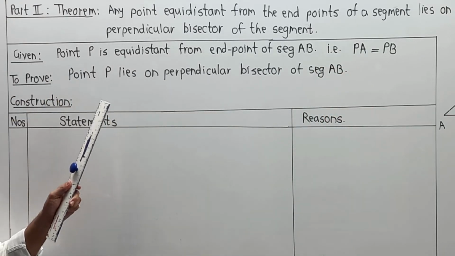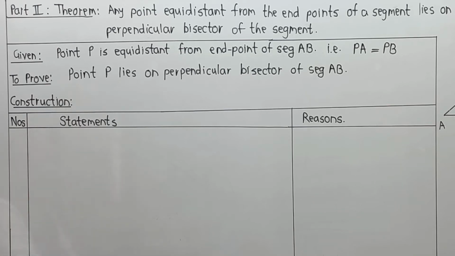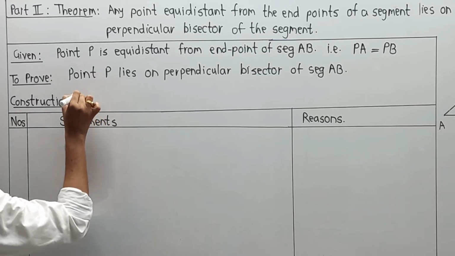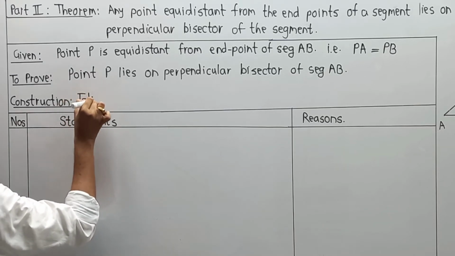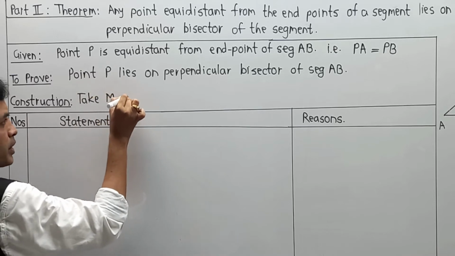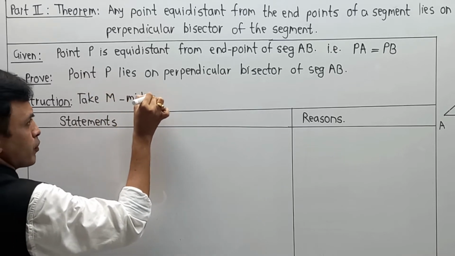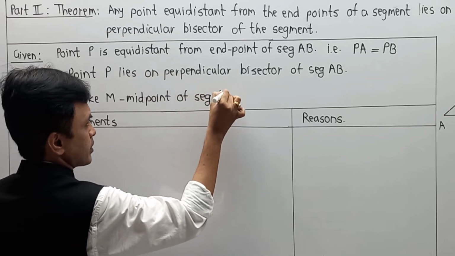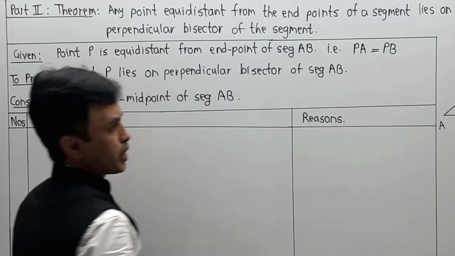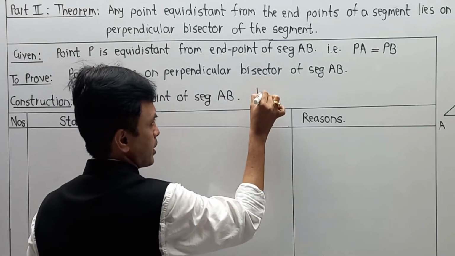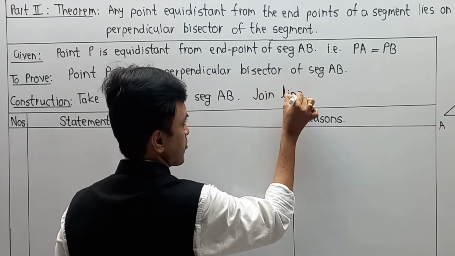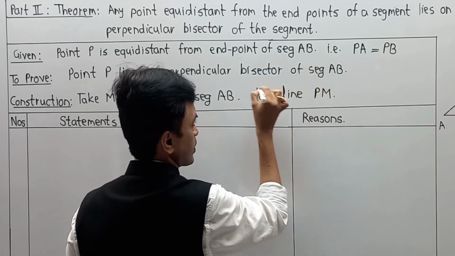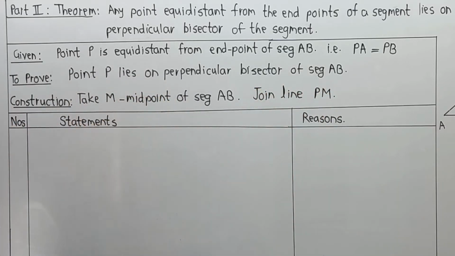We have taken M as a midpoint of segment AB, and we have joined P with M. So, take M, it is midpoint of segment AB, and join P with M, or join line PM, or you can say draw line PM, whatever may be. In both ways, its part is correct.